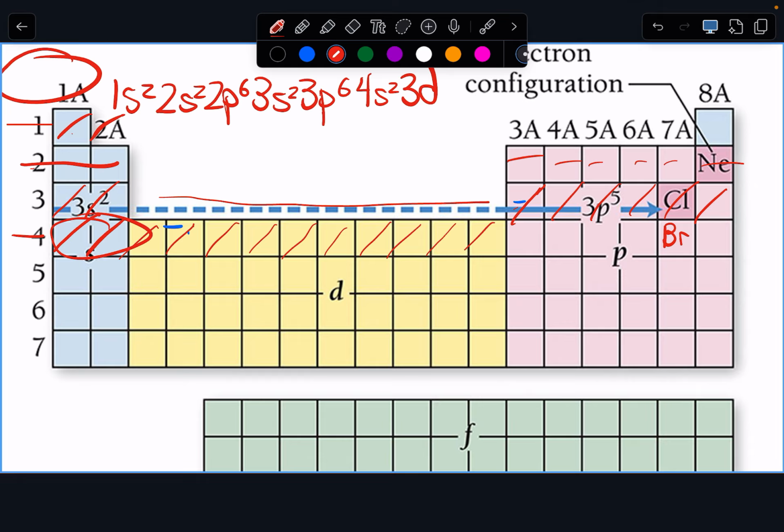That is just inherent in nature that these things are matching up, okay? So there are 10 available spaces in the d subshell, and that corresponds with each of those 10 elements. So if I looked at any of those elements from scandium through zinc, those ones would all have electrons ending in the 3d subshell.